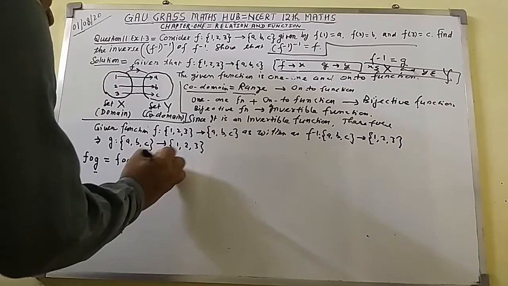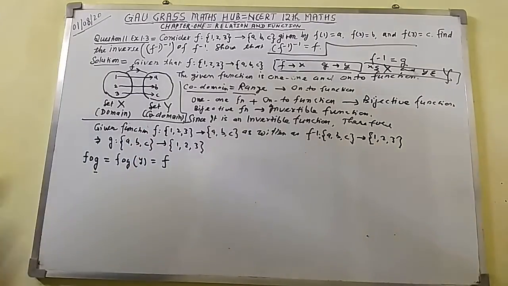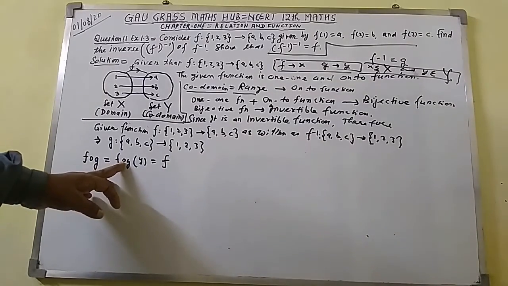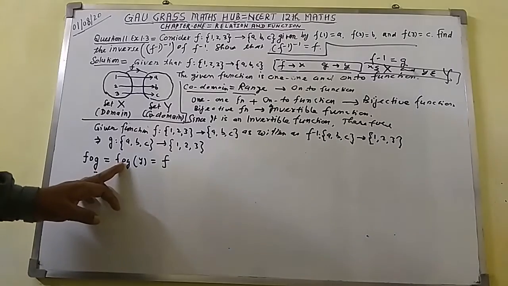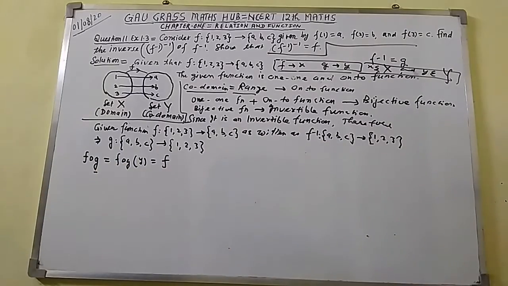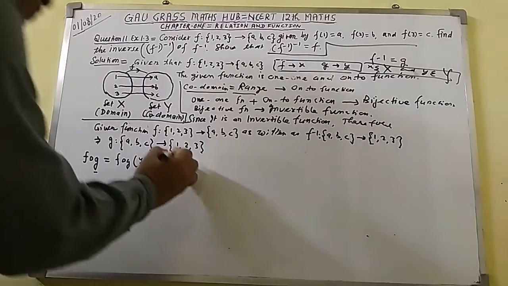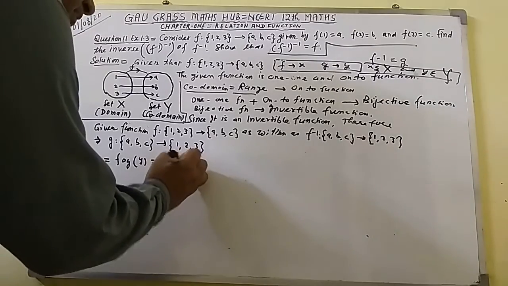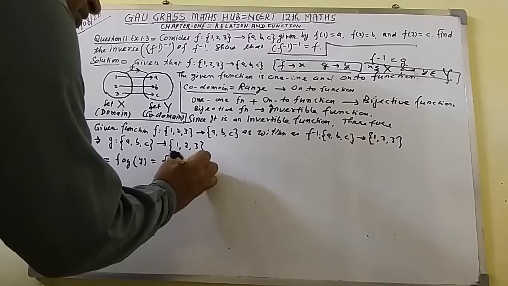F will be written like this, and this small o will be converted into a round bracket. Open the round bracket and write gy inside.